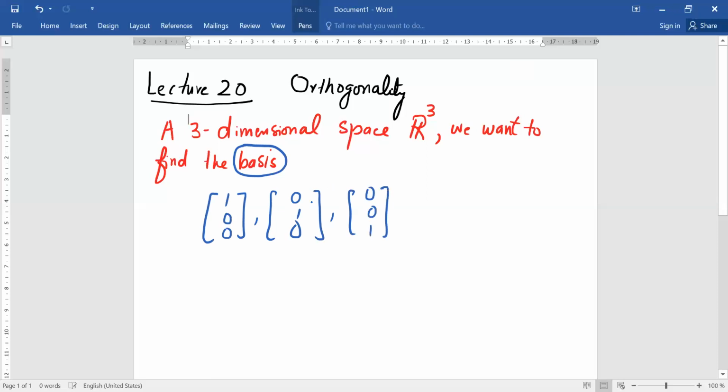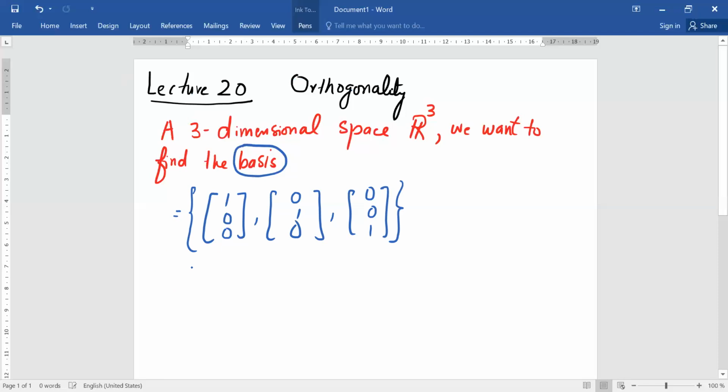So now these three vectors that I'm writing right now form the basis for my three-dimensional space. Okay. And I put them in a set, and this becomes the basis.